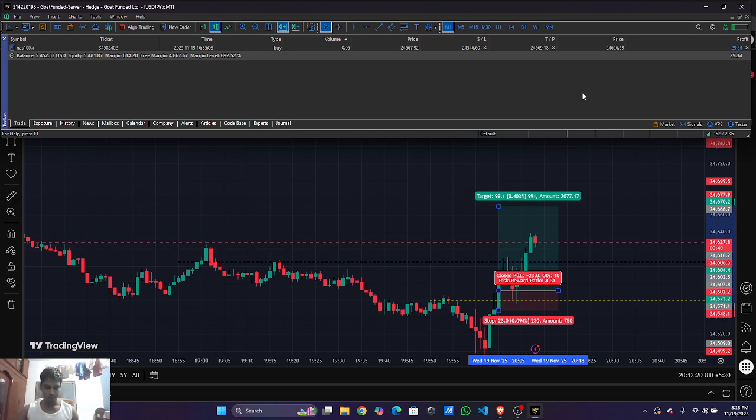We got our 3-minute break of structure that we wanted. This is enough. I don't need to trade anymore. I have already trailed it over here.